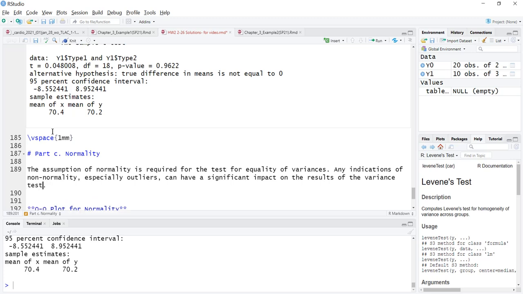Okay, test. So, but that's on the variance test.